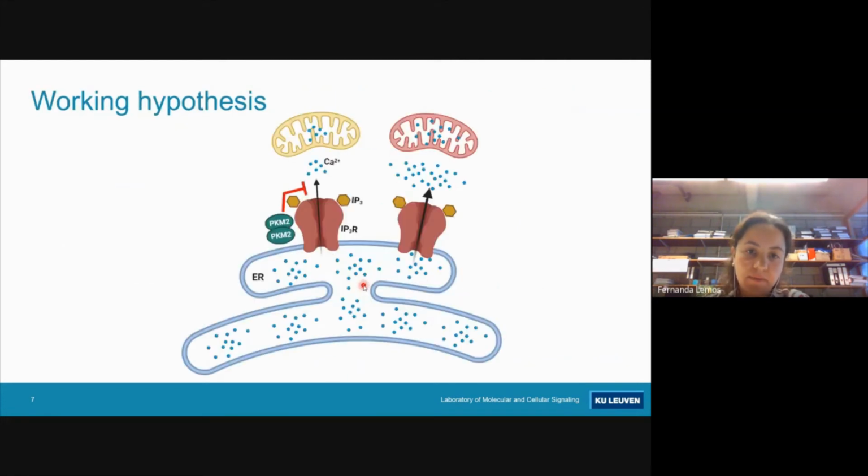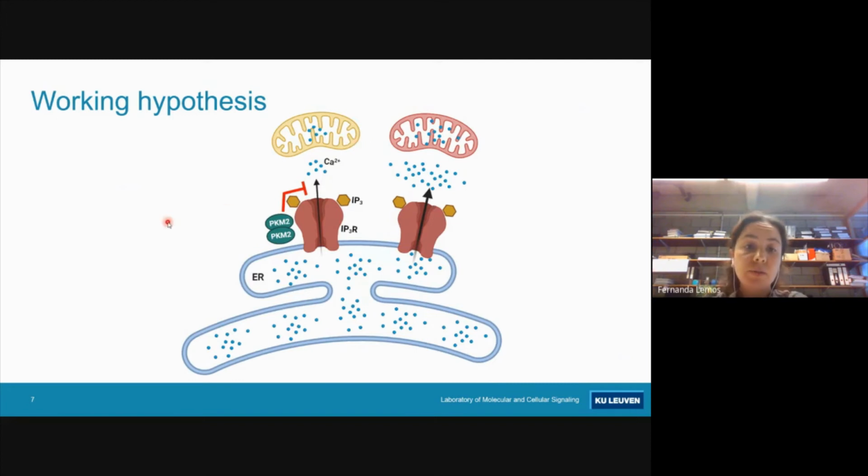Okay, so after all this information, we decided to move on in our project, and right now we are working with this hypothesis: PKM2 can interact with the IP3 receptor in order to decrease the cytosolic calcium signal, and can also modulate calcium signaling in other compartments, for example, the mitochondria.